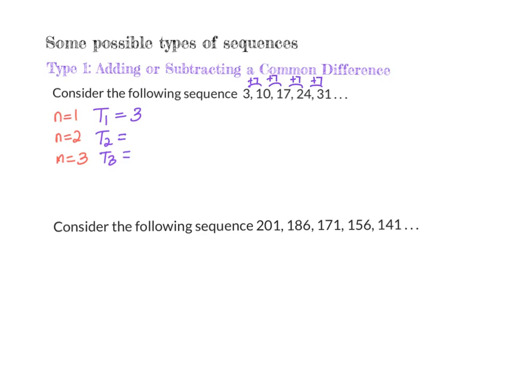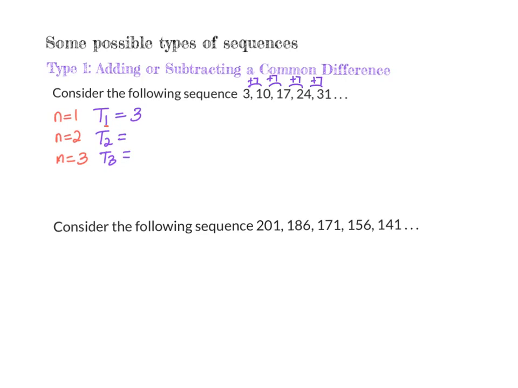Now, when we want to find a general term for this sequence, we're always going to start in relation to the first term. So we're going to find a formula that allows me to substitute some number inside, and I'll always be able to get the answer. Now when n is equal to 1, that means the first term itself, T1, I get the number 3.